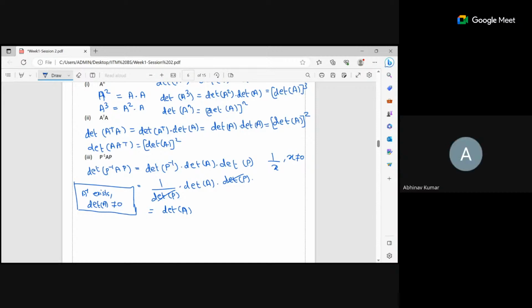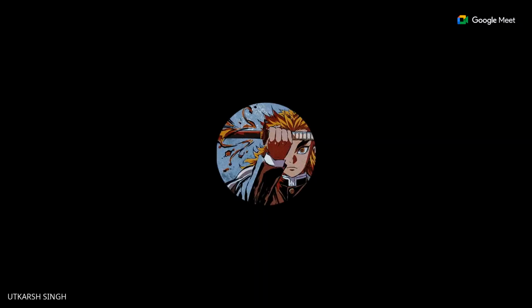No, this is not how it works. It won't work because determinant of A into B is not the same as determinant of B into A. Commutative property is not working. So we cannot say P inverse A into P is equal to P inverse into P into A.